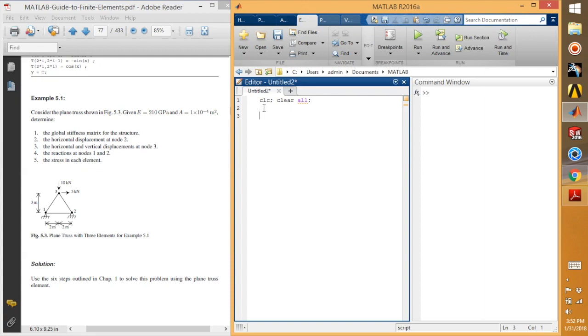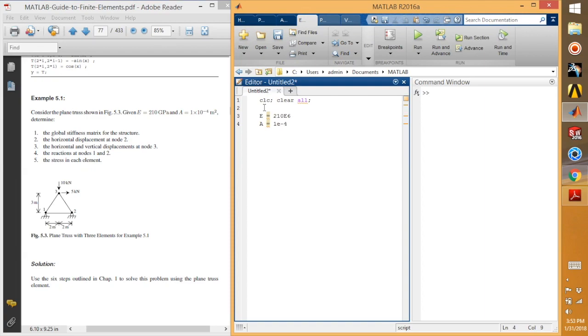So E is 210, GPa, simply 210E6, and then area is 1, so you can type 1E minus 4.